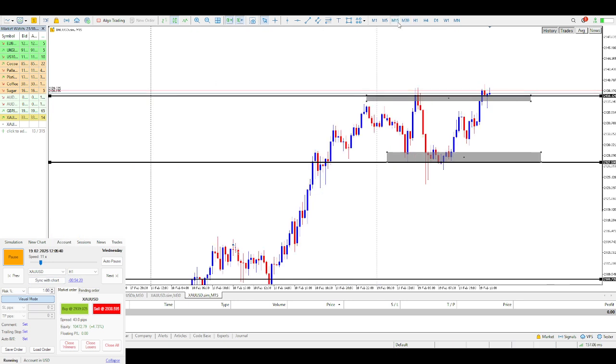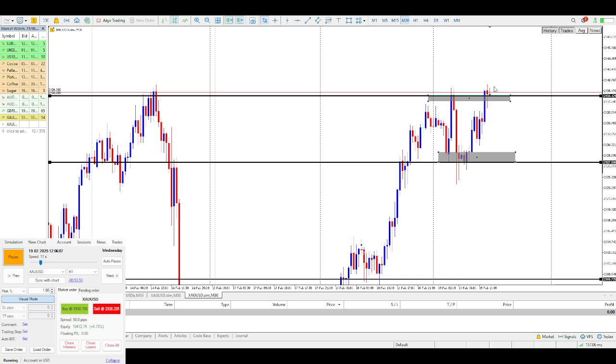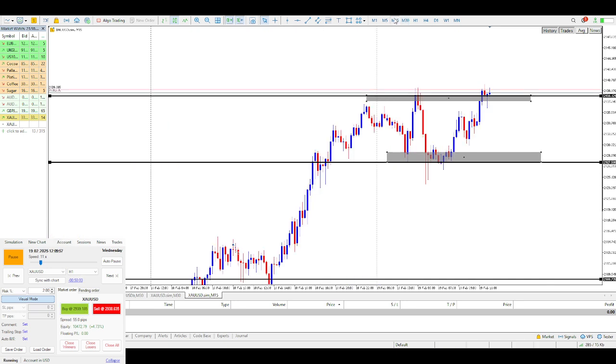Let's see the M15 time frame. If price starts breaking these highs, that would be better confirmation for buys. I'm risking 2% on this trade. I've reduced the speed a little bit.